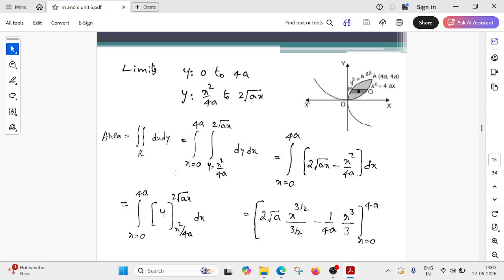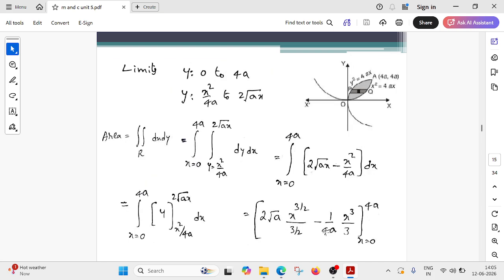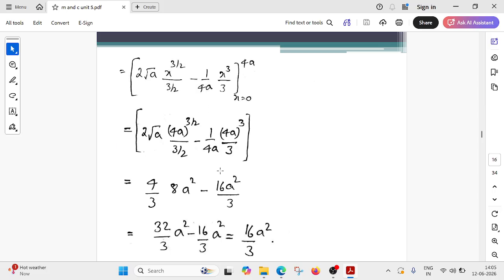Substituting in that equation, the limits will be y equals 0 to y equals 4a, and the other limit, y equals x square by 4a to 2 root ax. So definitely you got all these limits. Now we can substitute here and, by solving dy dx, because we have already taken dy dx, after solving you will get 16a square by 3.